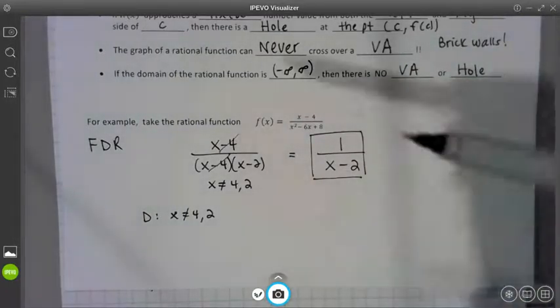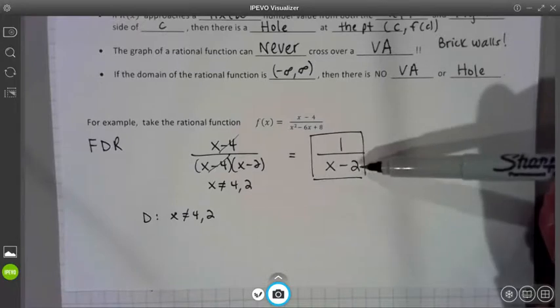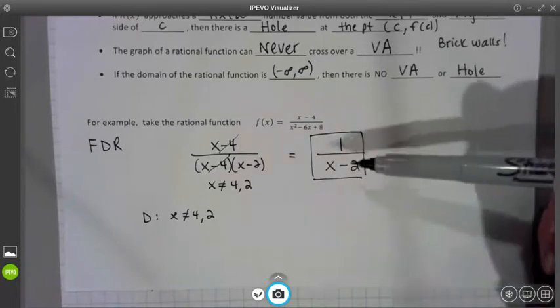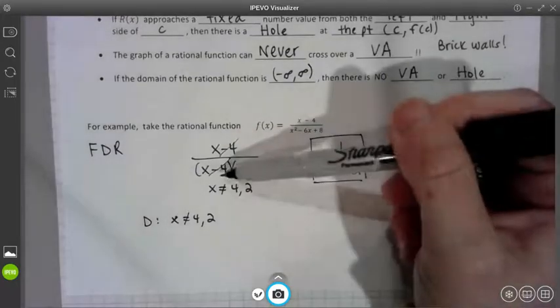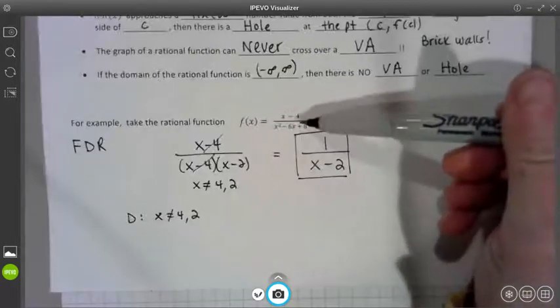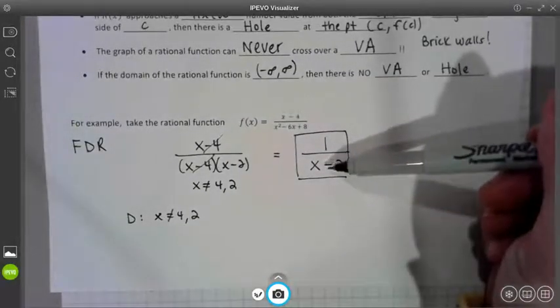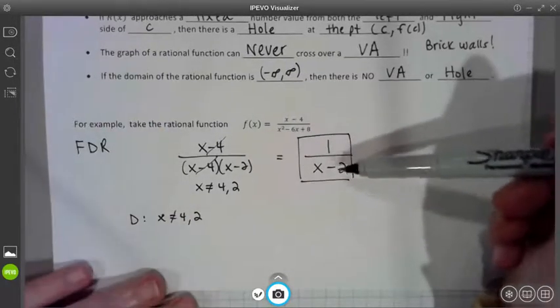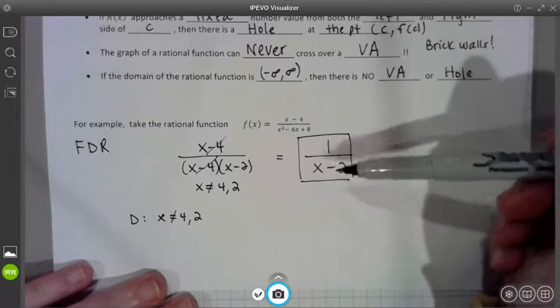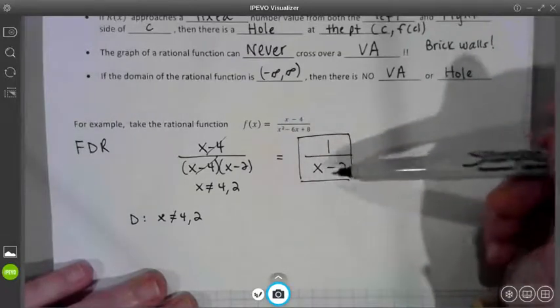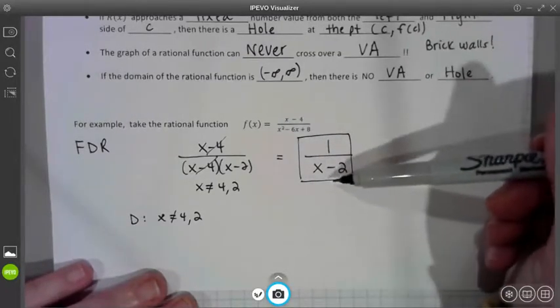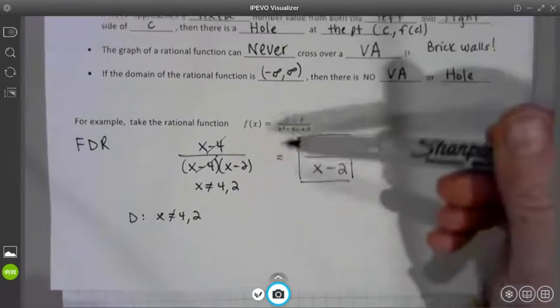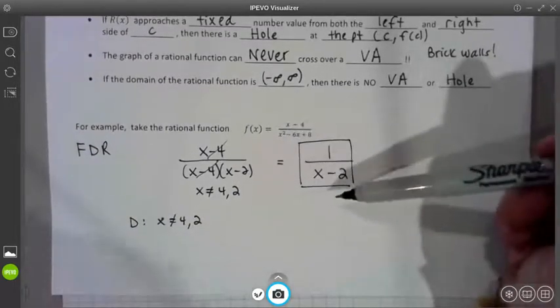So technically, you're creating its graph now. But I want you to realize that this graph and this graph are exactly the same, except if we were just starting with this one, 4 never would have been bad on this graph, right? If we had just started with this one from the very beginning, 4 would not have been a bad guy, which means it becomes a hole on this graph, not a vertical asymptote.